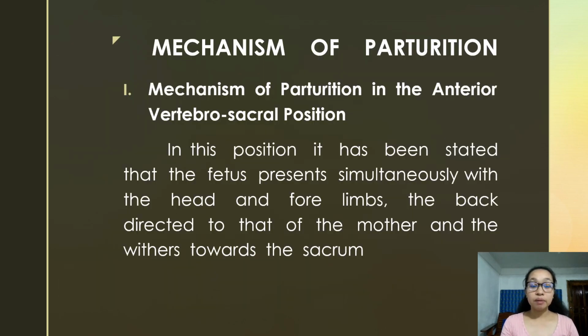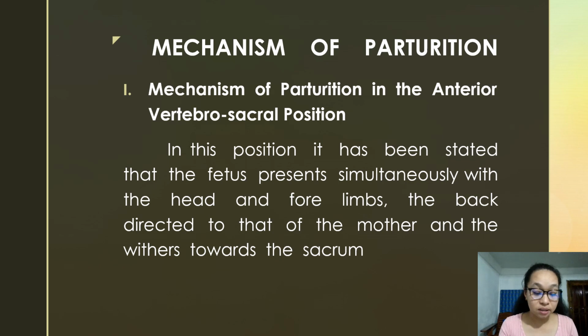So, let us go to the mechanism of parturition. There are four mechanisms of parturition. The first is the mechanism of parturition in the anterior vertebrosacral position. We discussed the vertebrosacral position earlier. This is the mechanism of it.